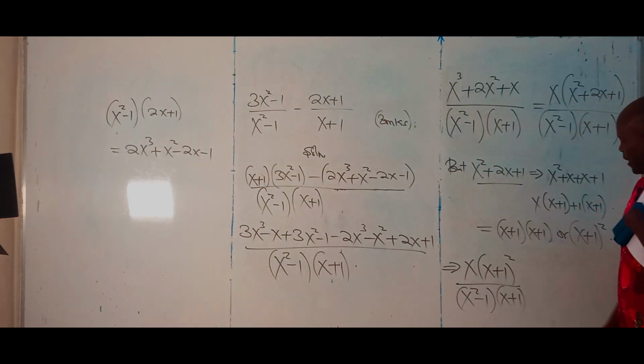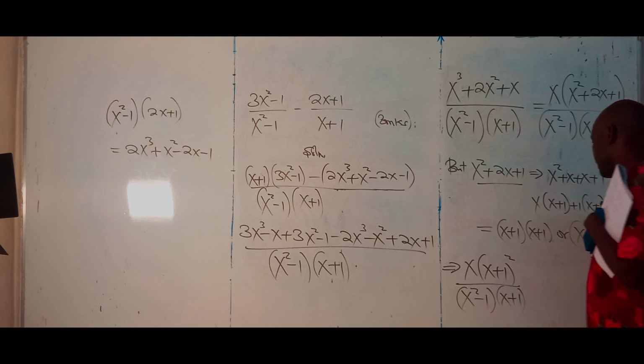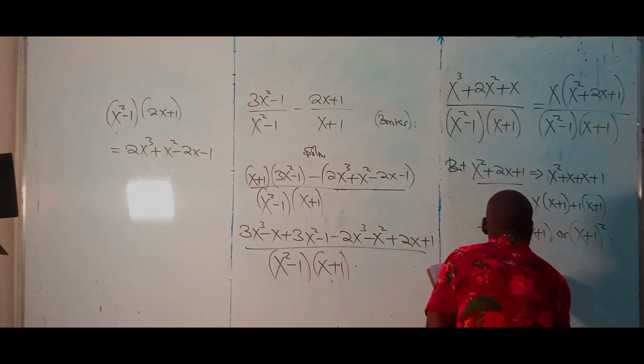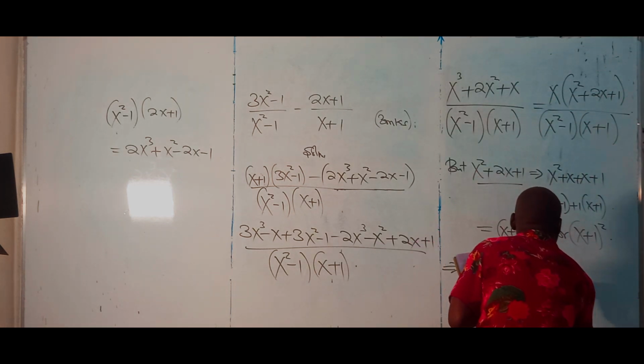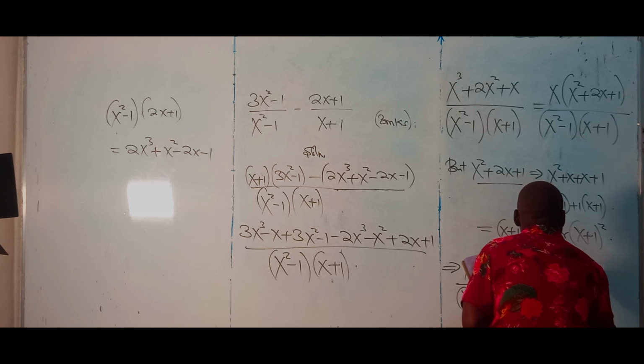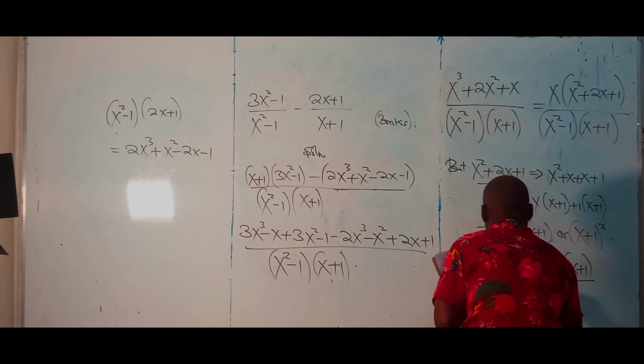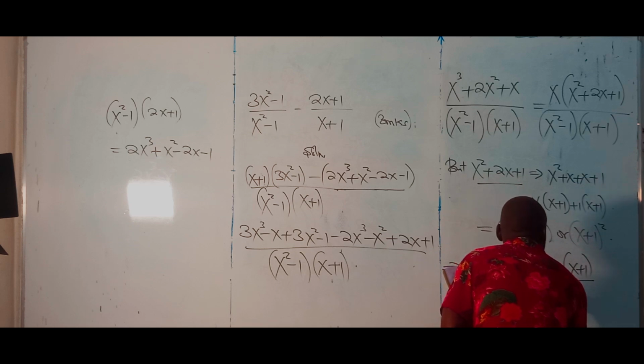We see that one of the x's can go, so that I have here x over x into x plus 1, because only one goes, divided by x squared minus 1.